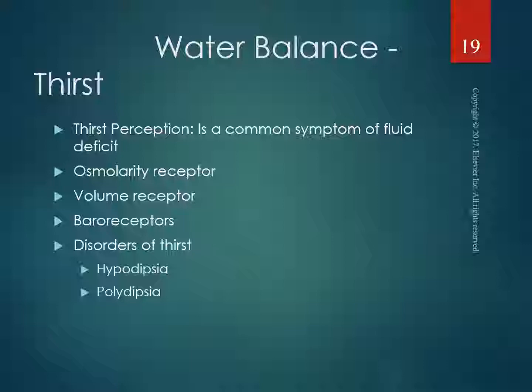So water balance, we're going to talk about thirst. The thirst mechanism is located in the hypothalamus. It's the level of the antidiuretic hormone ADH present in the body along with thirst that work to regulate water balance in the body. The thirst perception is a common symptom of fluid deficit.